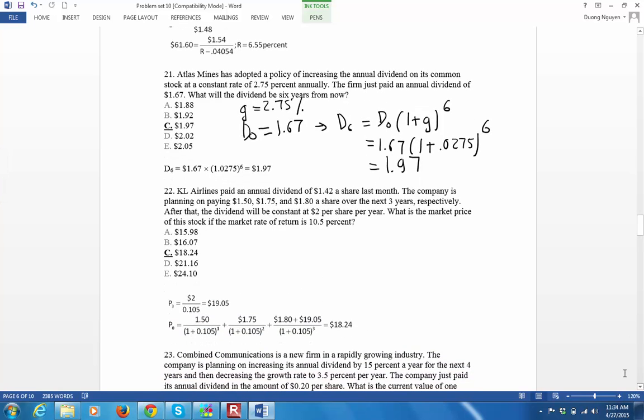Number 22. The company expects an annual dividend D0 equal to 1.42, and plans to pay dividends in year 1 of 1.5, in year 2 of 1.75, in year 3 of 1.8, and then it will be constant at $2 forever.